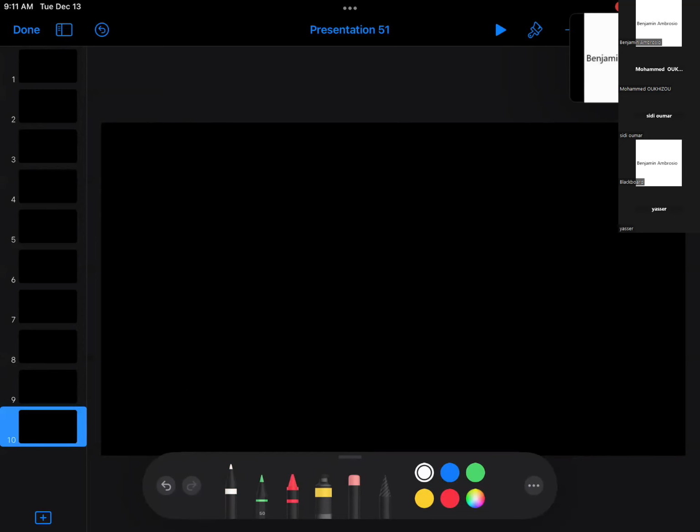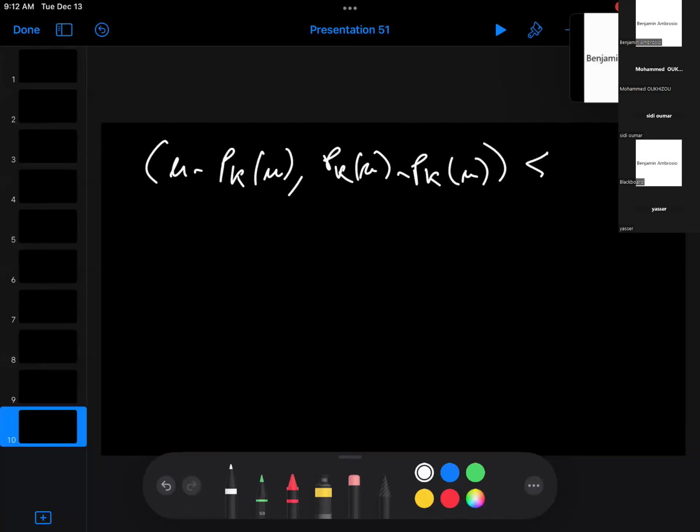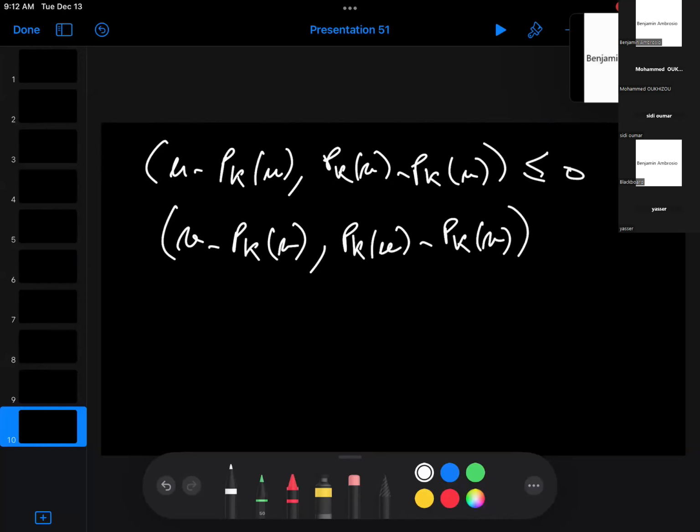So I will obtain that U minus P_K of U scalar with P_K of V minus P_K of U is non-positive, and V minus P_K of V scalar with P_K of U minus P_K of V is non-positive.